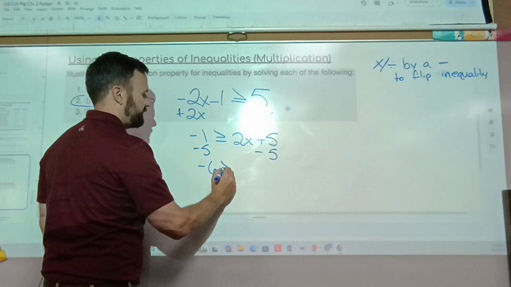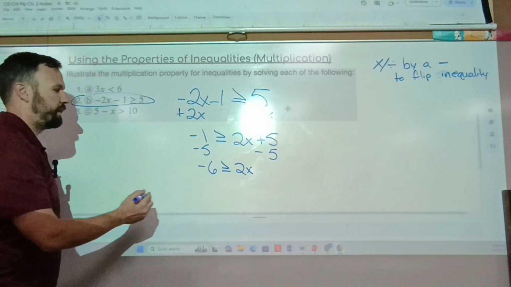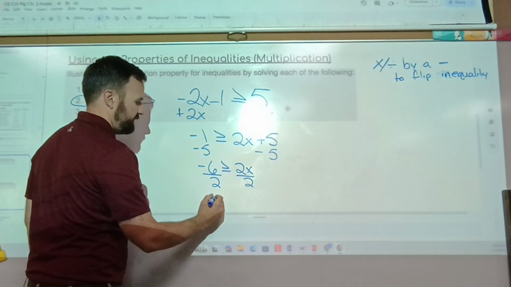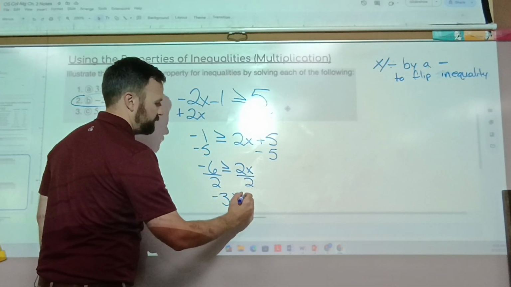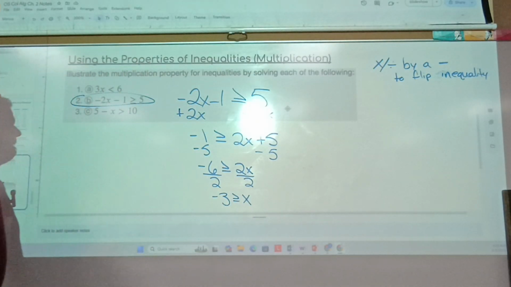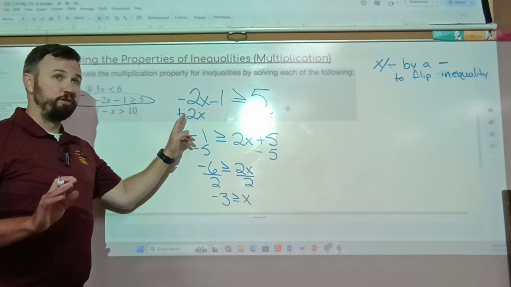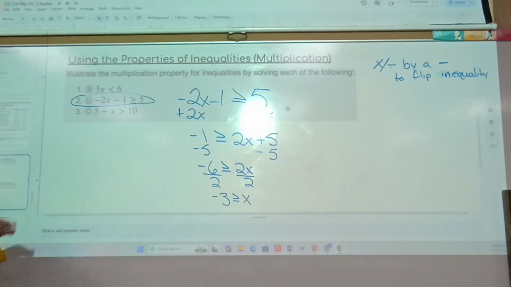So I got negative 6 divided by 2. Just good old-fashioned algebra here. You get negative 3 is greater than or equal to x. I would have gotten the same answer the other way, because I would have added the 1 over and gotten 6. Divide by negative 2, flip my sign, and it would be the same exact answer.